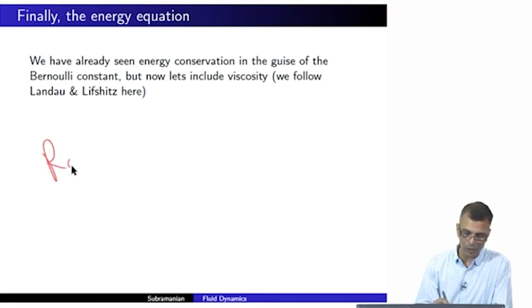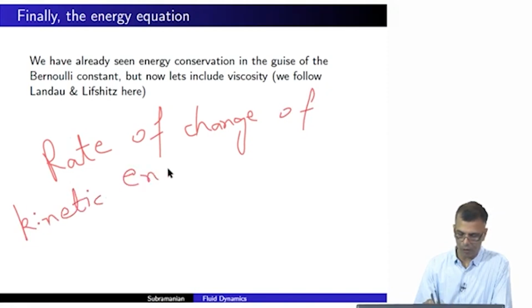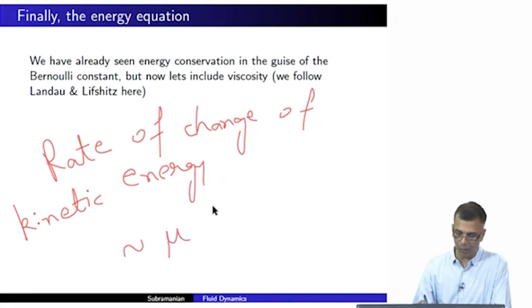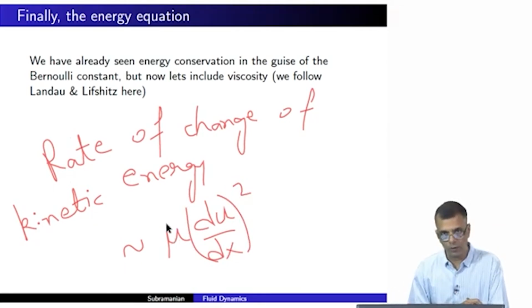So we will anticipate that result, and we will see that the rate of change of kinetic energy of a fluid parcel will turn out to be an expression like mu... This is what viscosity does for you, where, as you know, mu is the coefficient of dynamic viscosity.